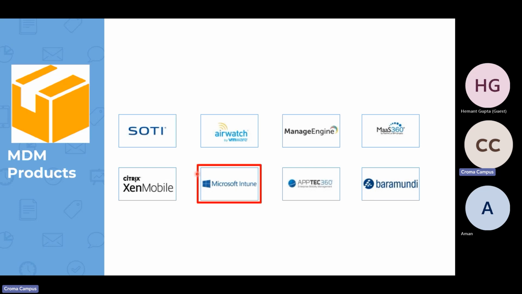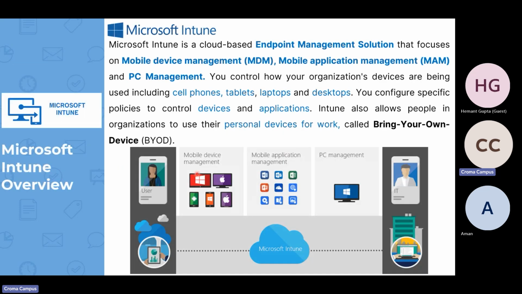Intune is the one that we are going to learn, and we'll talk about Intune throughout the session. So what does Intune give as an MDM? It's a cloud-based endpoint management solution, which mainly focuses on mobile device management. Here we are using mobile not in terms of the cell phone, not just Android or iOS, but Windows also.